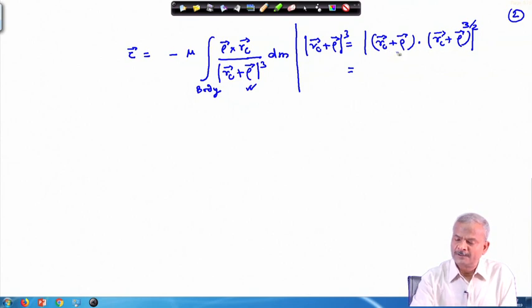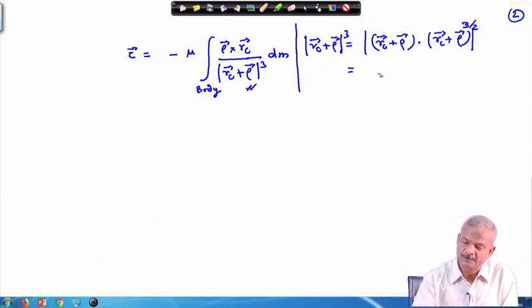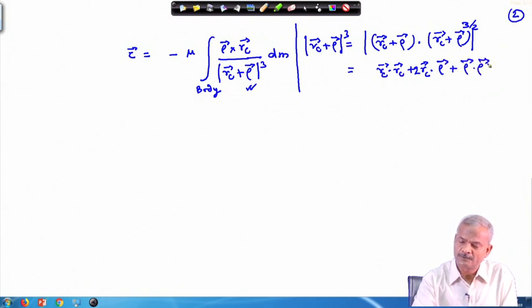Because if I am taking a square term here, this is the dot product. So, this becomes a square and therefore, I must divide by this 3 by 2, okay. And then break this bracket. So, this will be R c dot R c plus 2 times R c dot rho plus rho dot rho.